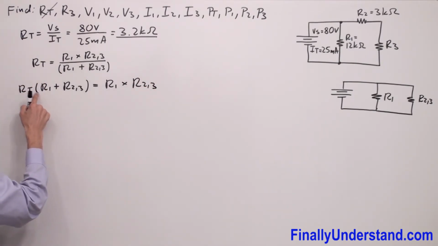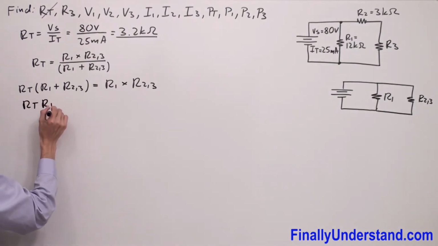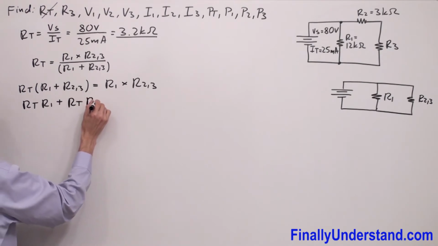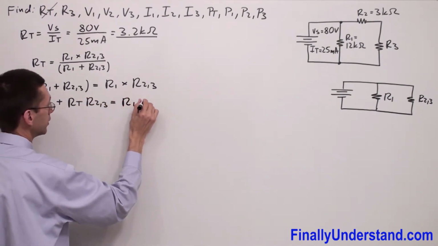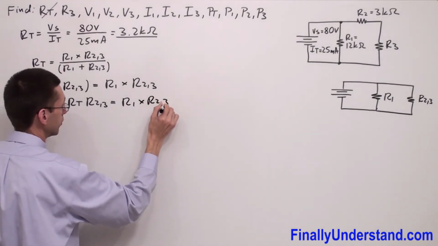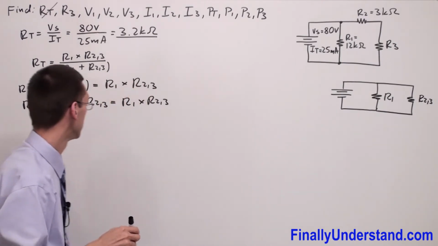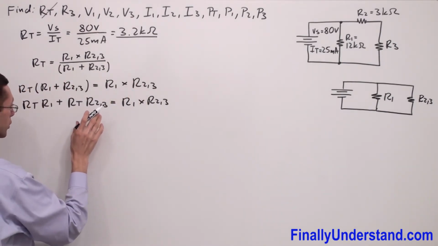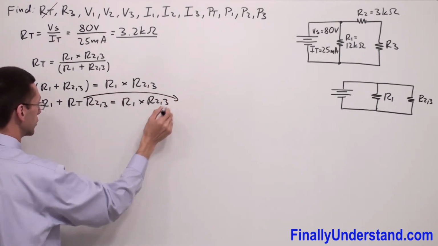Next, I have to distribute R total into the parentheses. So I have R total times R1 plus R total times R2,3 equals R1 times R2,3. Because I'm looking for R2,3, I'm supposed to collect all terms which contain R2,3 on one side. I'm going to move this term to the right side.